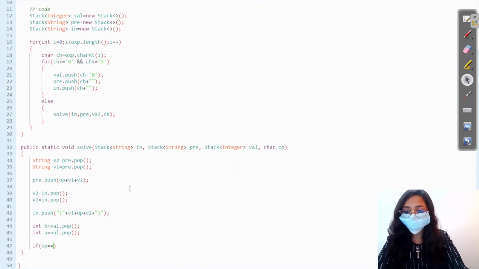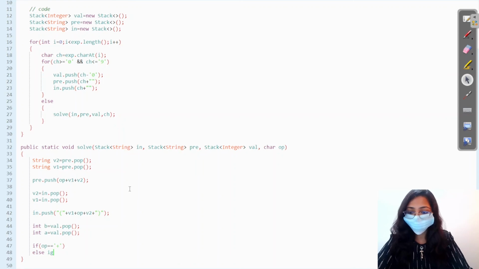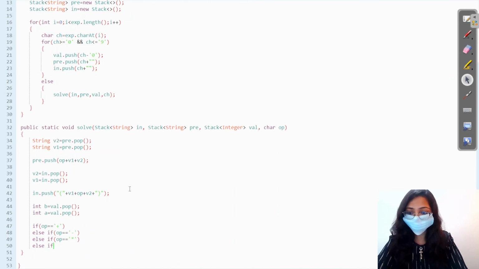So if the operator is for addition, we'll do something. If it is for subtraction, else if it is for multiplication, and the last condition will be for division.